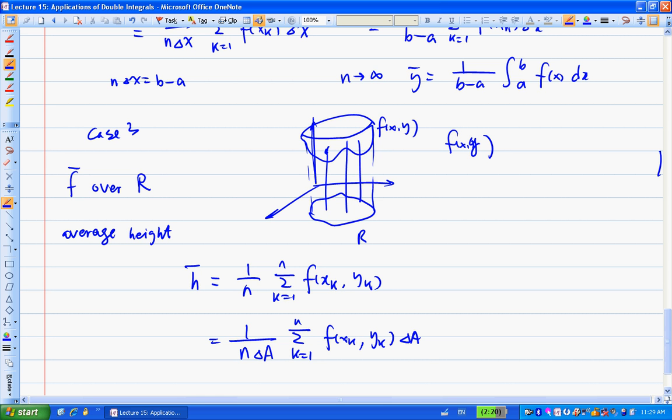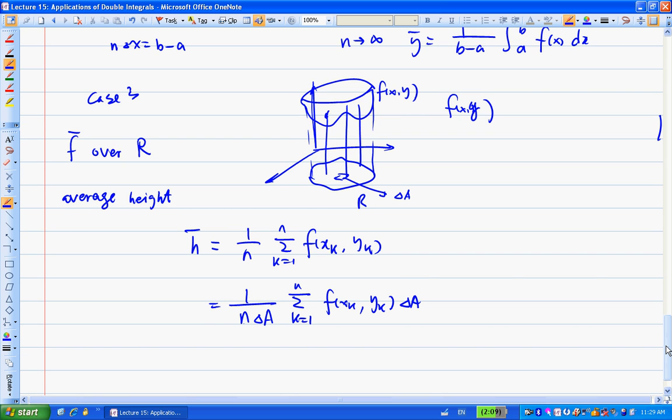So this is average height, and this is just manipulation by multiplying by delta A. Delta A is a small area in this region R. So n multiplied by delta A basically gives you the area of the region R.